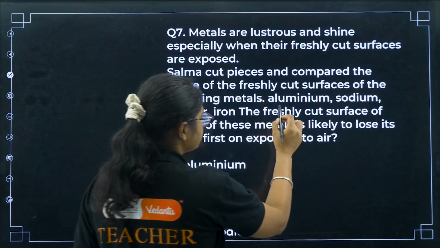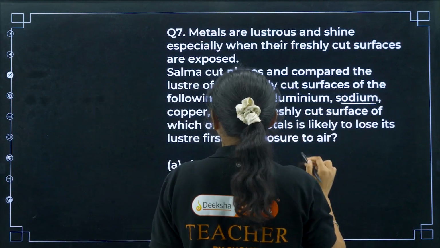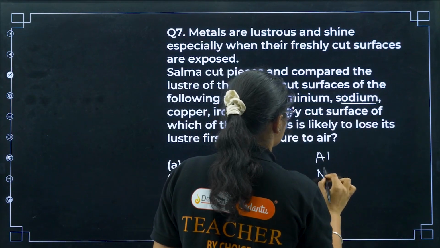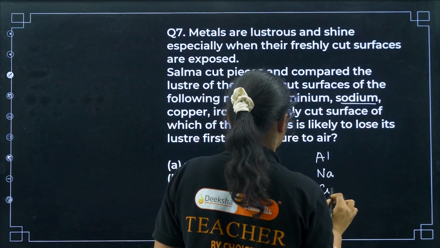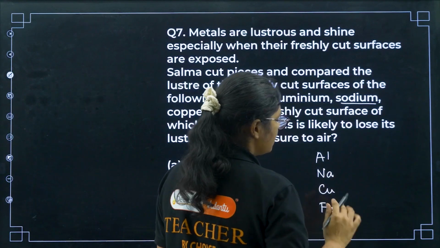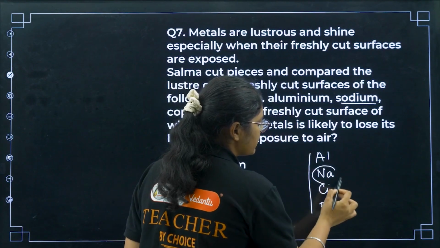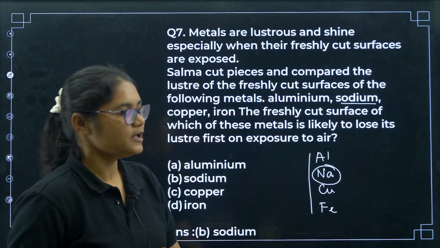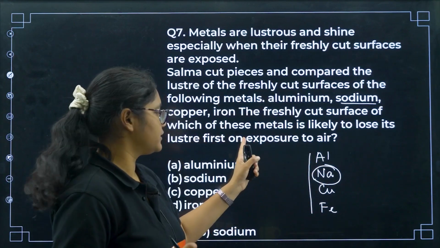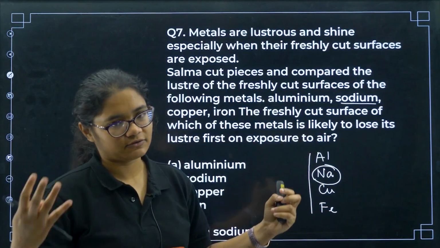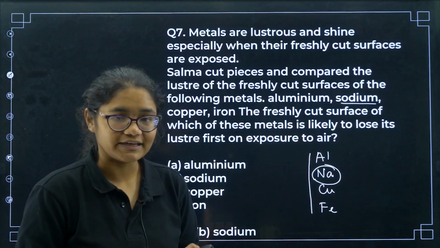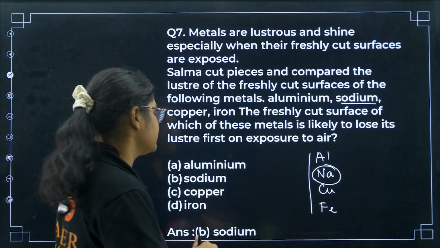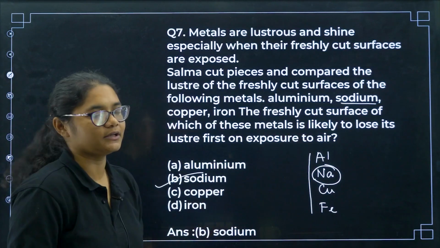So we know what is this. You have aluminium, you have sodium, right, you have copper and you have iron. So out of all this, sodium is the most reactive metal, right? So most reactive metal means it will also react with oxygen or with the atmosphere first, so it will get oxidized and it will lose its luster. So the correct answer here will be option number B.